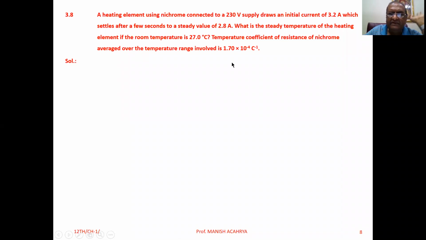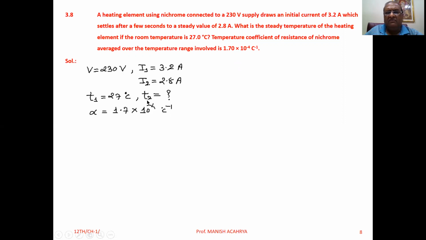Simple thing. Now voltage, that is 230 volt, initial current I1, that is 3.2 ampere, then final steady current, that is I2 equal to 2.8 ampere, initial temperature T1, that is 27 degrees Celsius, T2, that is what? Alpha, that is given to you, 1.7 into 10 raised to minus 4 degrees Celsius inverse.